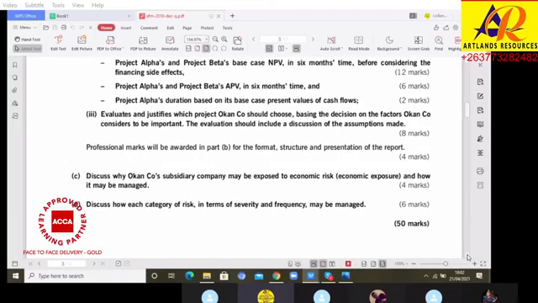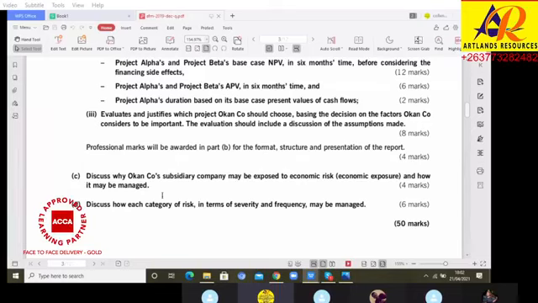But later on, so we did this. If you play the video on APV, notice later on there was this question. It says discuss why Okan subsidiary may be exposed to economic risk and how it may be mitigated. In other words, economic risk.